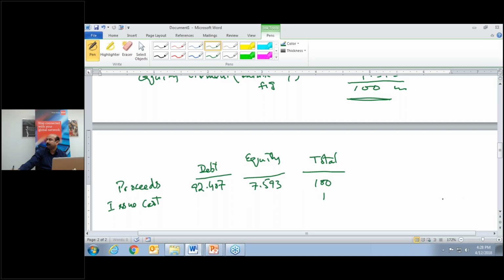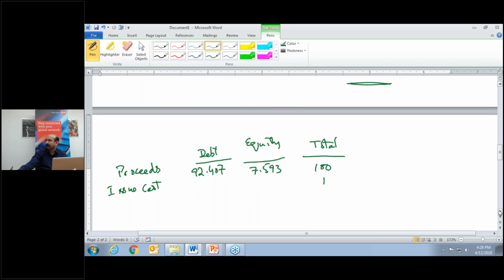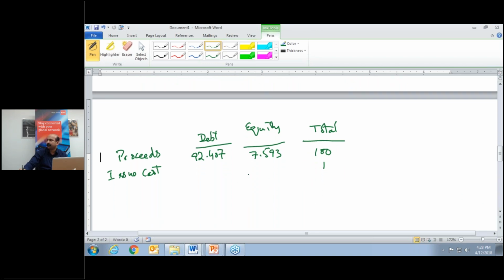The same way as we did earlier, we shall be calculating. If I mention over here, this is A, this is B. So A will be equal to 1 million into 92.407 divided by 100.